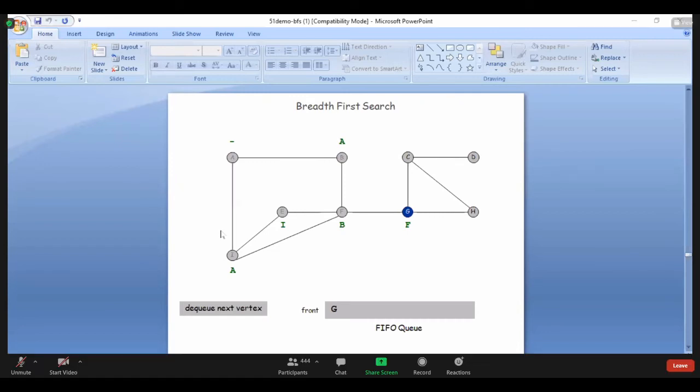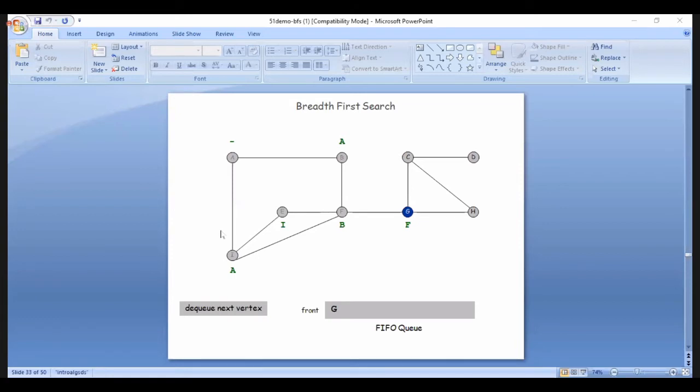If we are considering one particular vertex, keep in mind how many other vertices it is connected to. All those vertices are called adjacent vertices for that vertex, and all those vertices should be included in the queue. Clear? Okay. Is it clear?